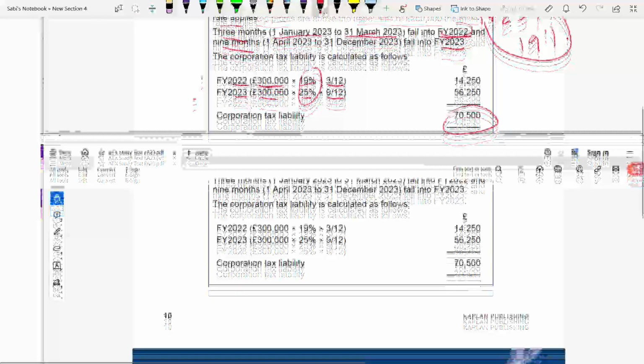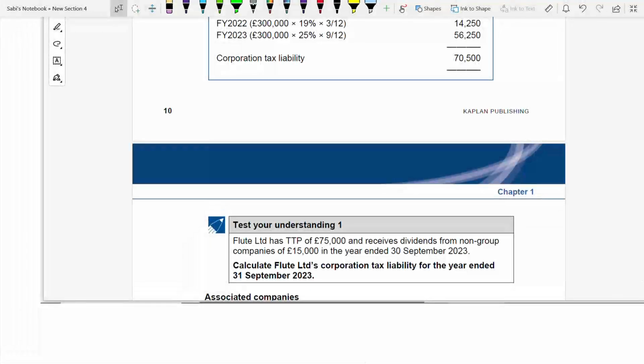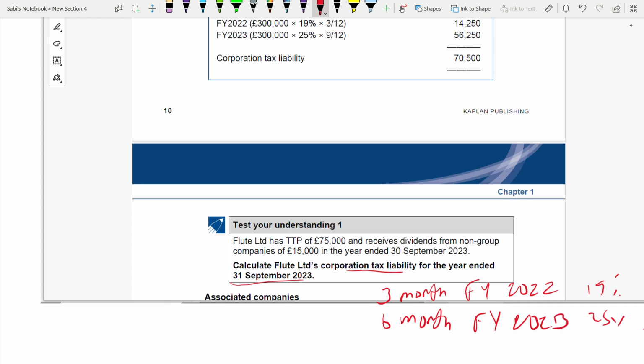Now, test your understanding 1. Calculate the corporation tax liability for the year ended 31st September 2023. It's the same thing. First 3 months, it will be financial year 22. The main rate was 19% and here it is 25%. And the remaining 6 months, because this is a 9 month period, till September, no? FY is 2023. TTP is 75,000 and dividend from non-group companies is 15,000.